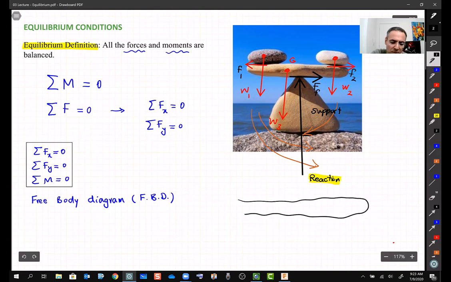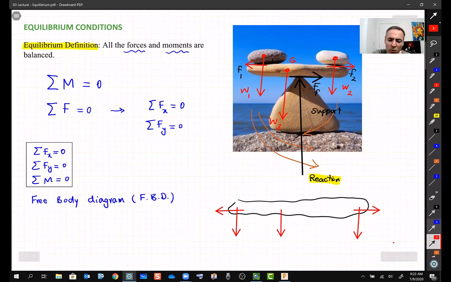So I draw the external loads, right? I have these frictions and maybe this one friction. And then I also have this weight W3, right?